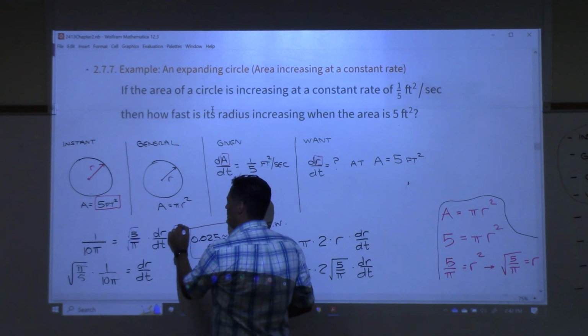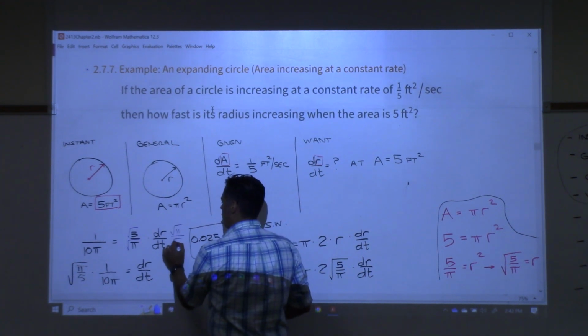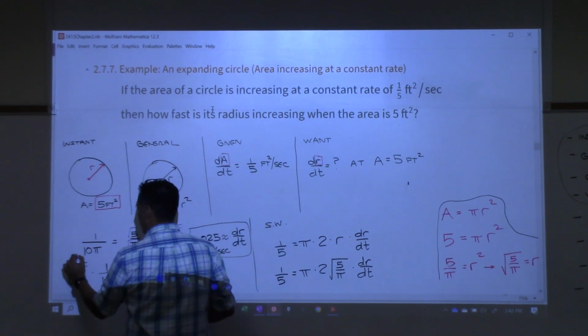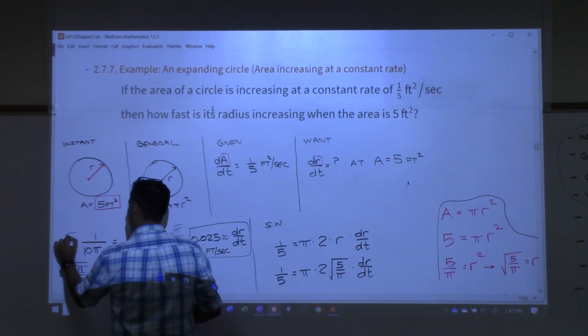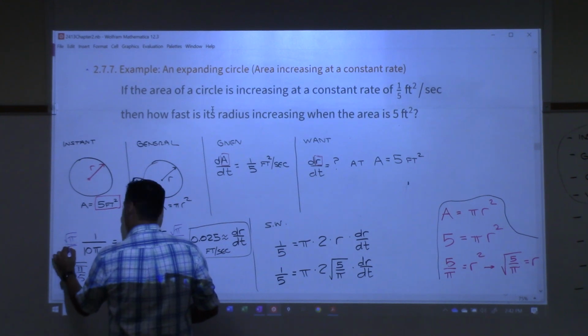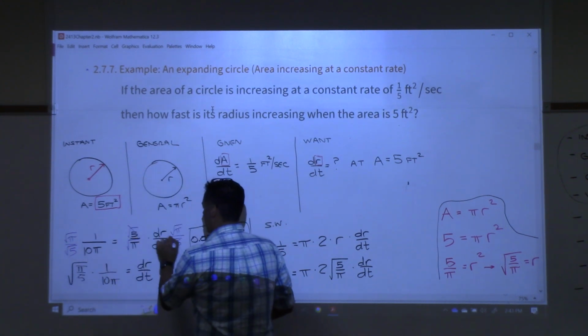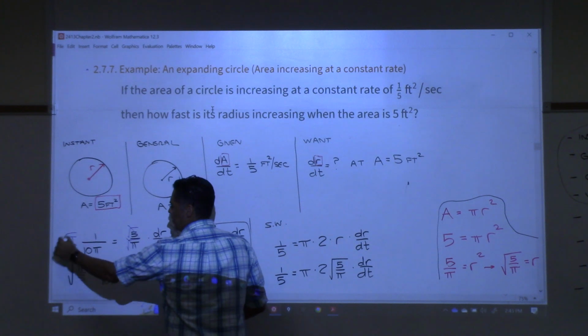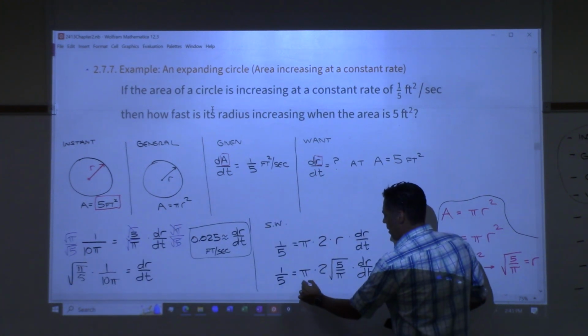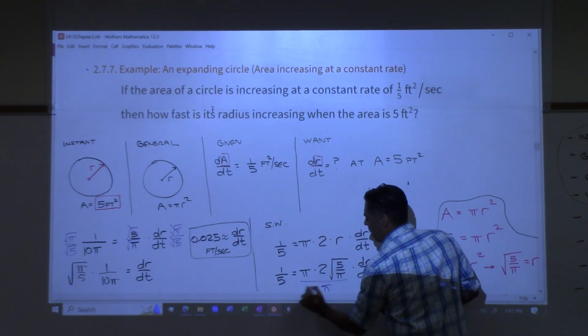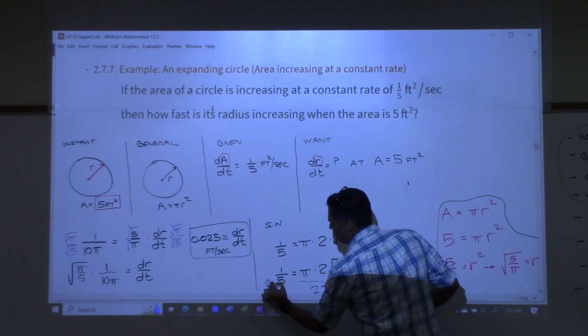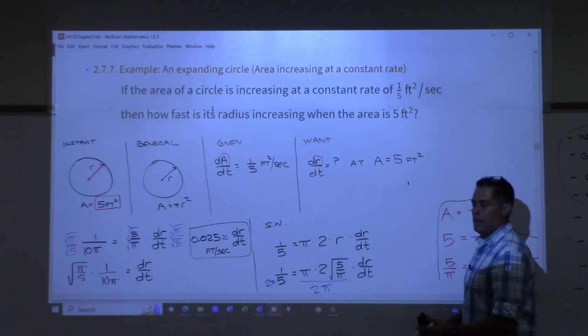If I do that on this side, pi, root 5 like that. I do it on this side. They go away here, right? And then that's this. The 10 came from this step right here. I divided both sides by 2 pi. And when I divide by 2 pi, it shows up on the bottom over here. And that becomes 10 pi.